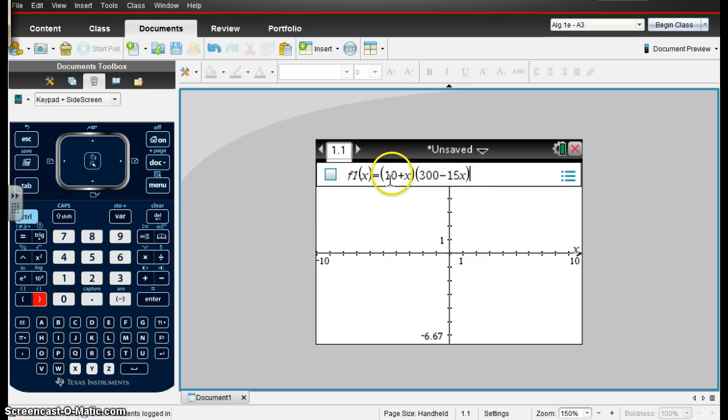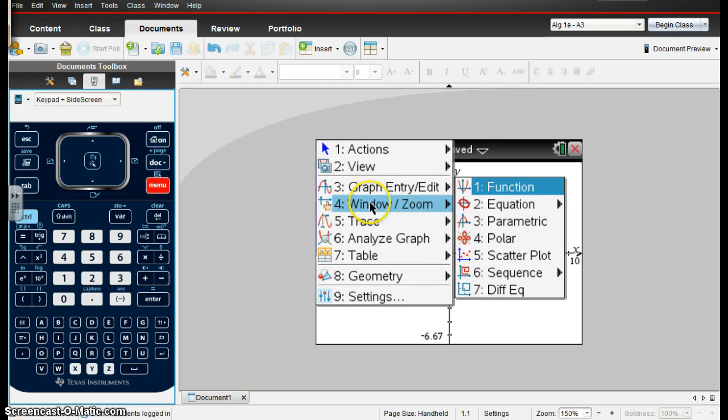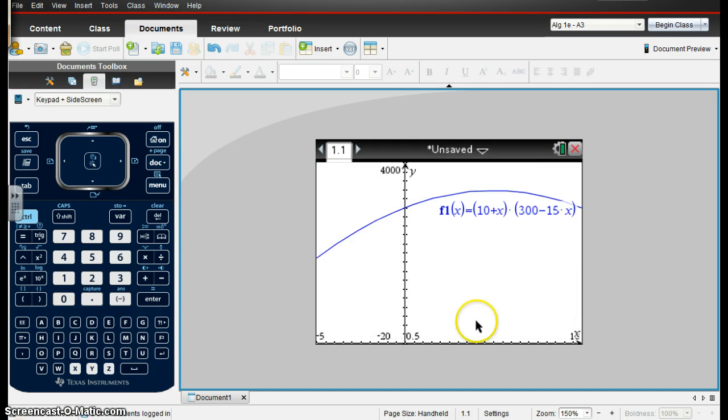X is the number of price increases, and F sub 1 actually represents the income. And we can only see part of the parabola, but I'm going to go ahead and change the window to something reasonable. And let's say -5 and 10 is good, and 4,000. Let's say y min is -20, y max is 4,000. And let's see what we see. We do see the top of that parabola.